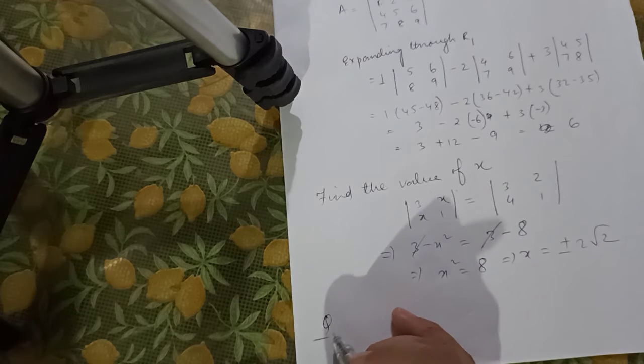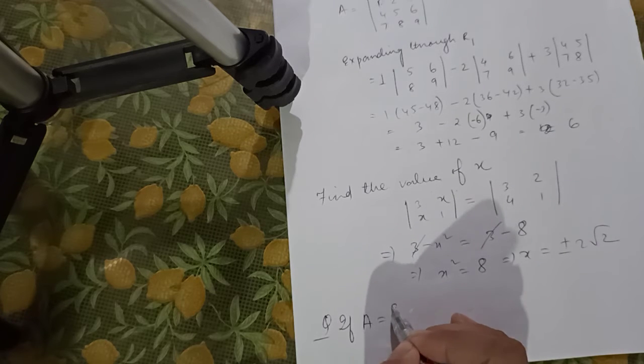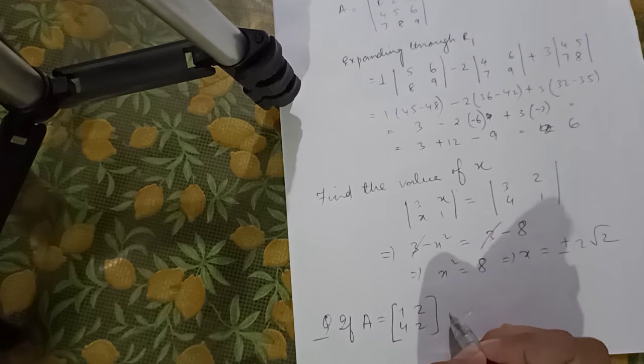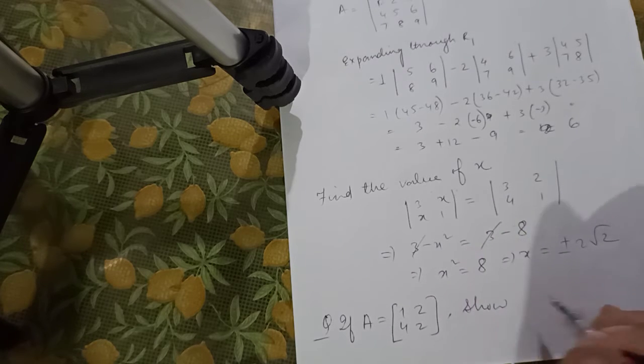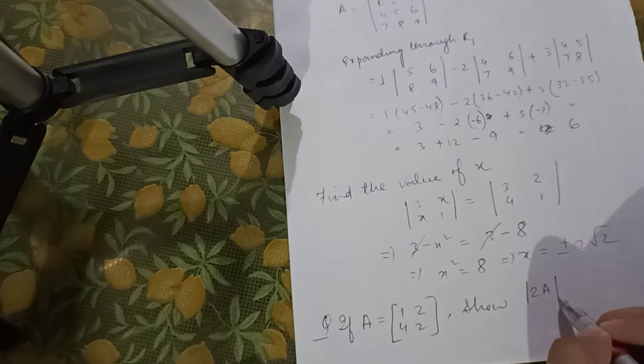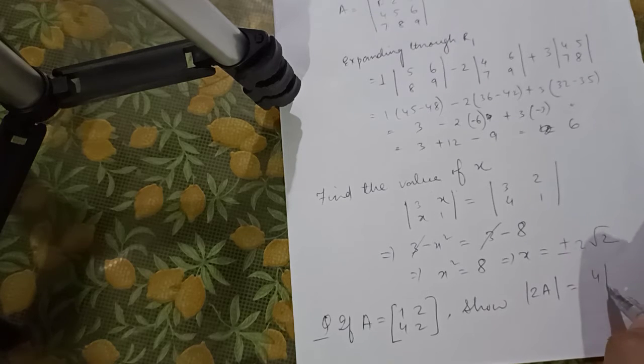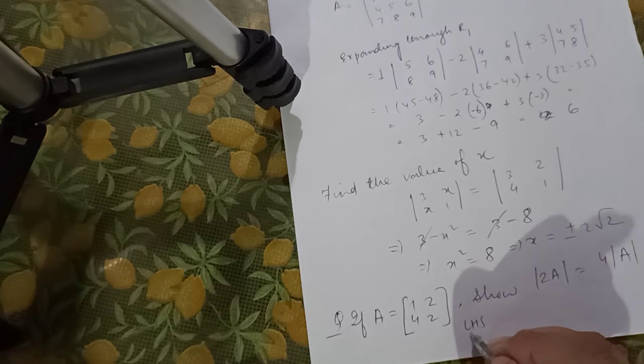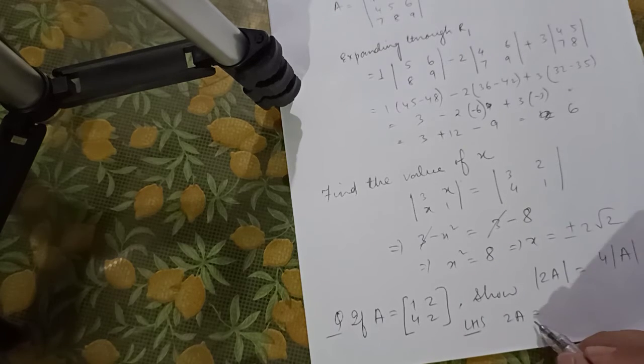Now your question is: if your matrix A is given as 1 2 4 2, show that the determinant of 2A must be equal to 4 times the determinant of A. For the left hand side, first we multiply 2A.